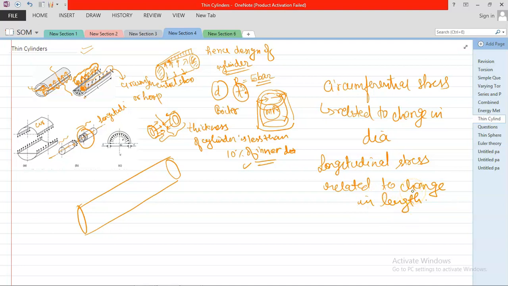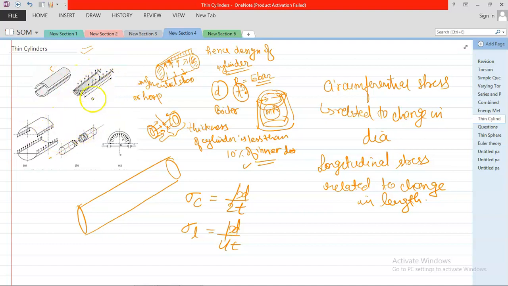Now suppose the expression would be, I am not going to derive it fully, but it is easy. Sigma circumferential is equal to PD by 2T, and let me explain how you get that from this figure. I am going to explain how we derive this.